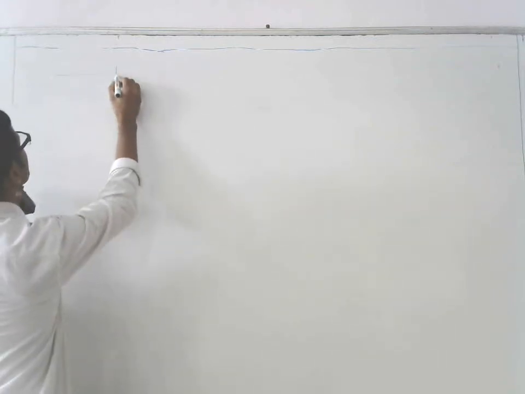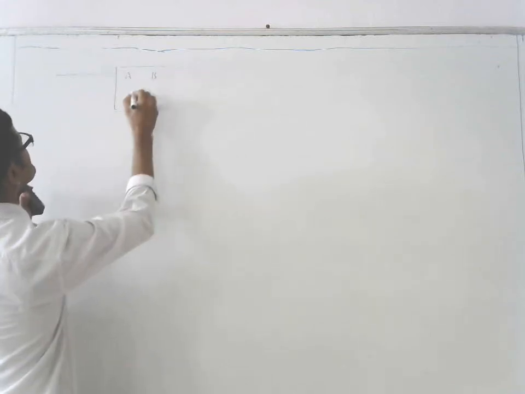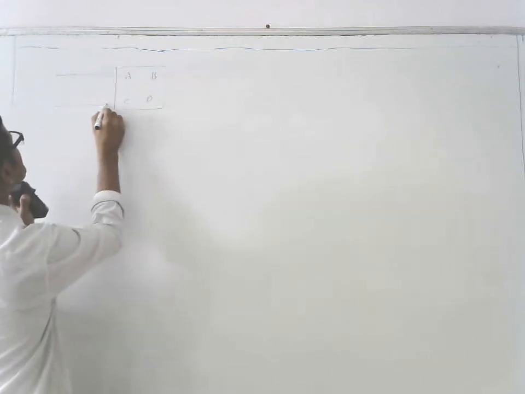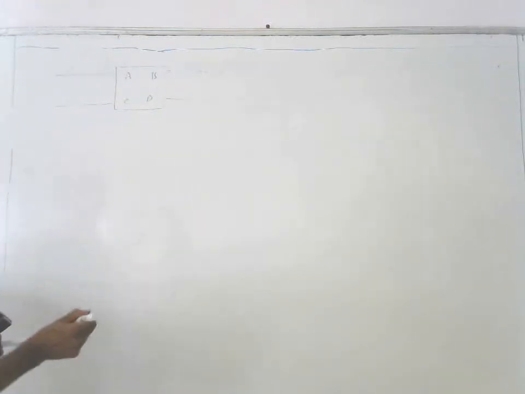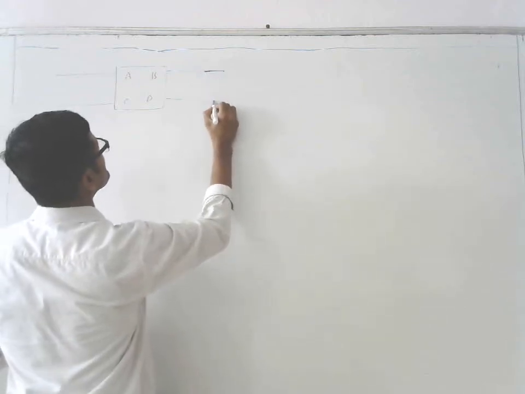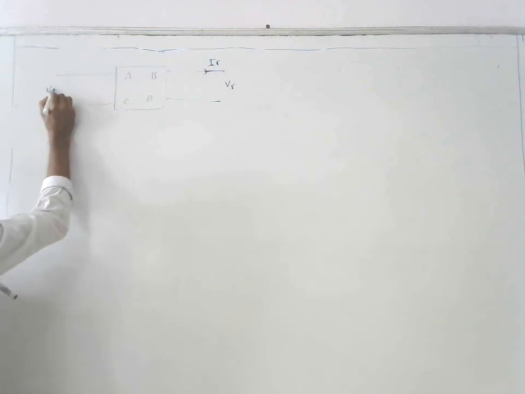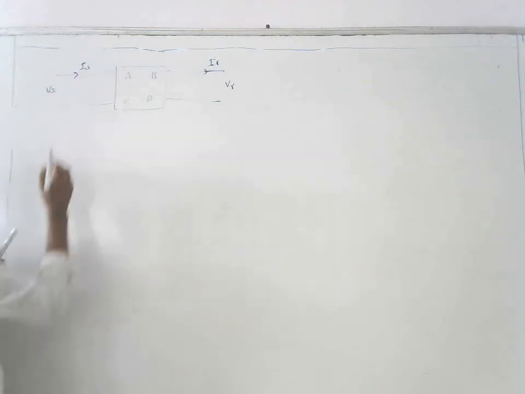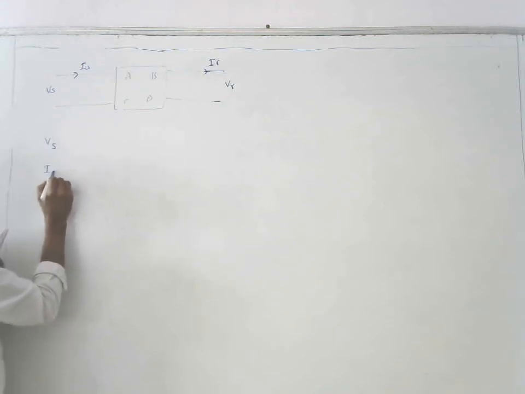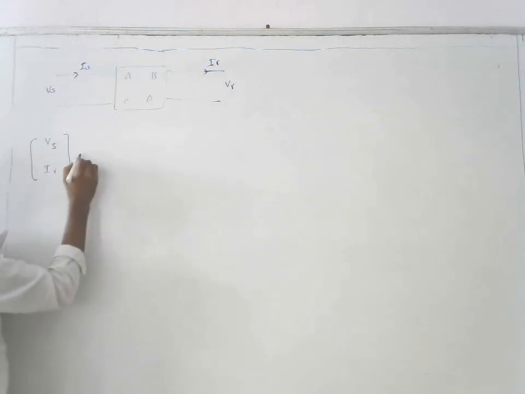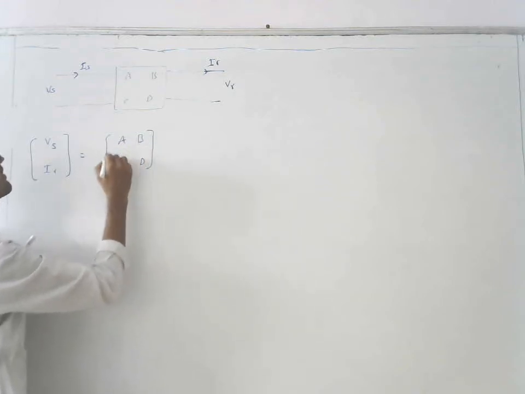A transmission line has parameters. Take one transmission line, with receiving voltage, receiving current, sending voltage, and sending current. If I write this in matrix form, then [Vs; Is] is equal to the ABCD parameters matrix times the receiving end matrix [VR; IR].